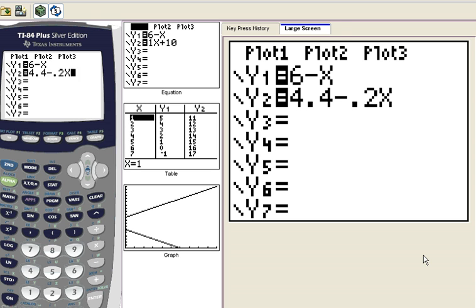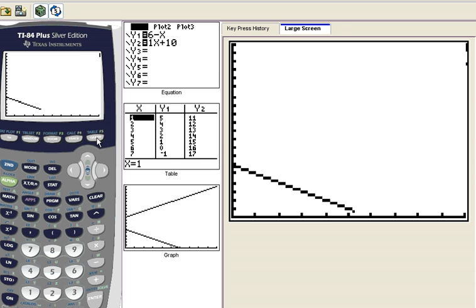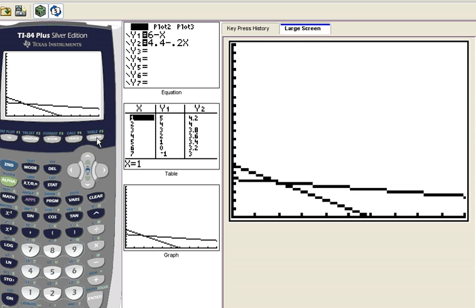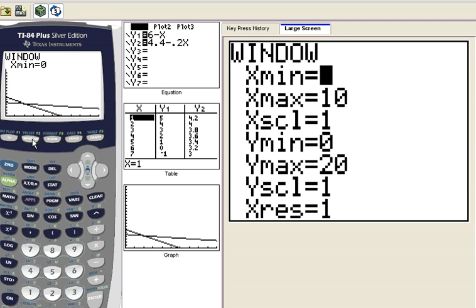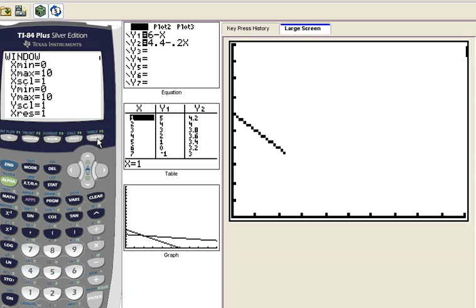To graph those two, I have a little more window than I need, so I'll just shrink that up. My y max is more than it needs to be for this problem. I think I'm going to go to 10 there, graph it.